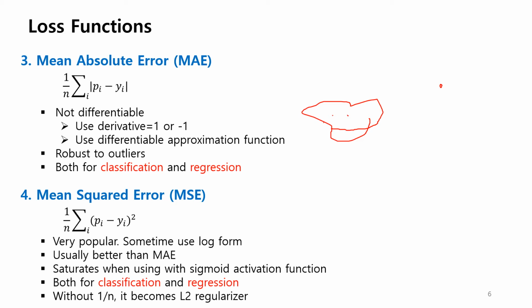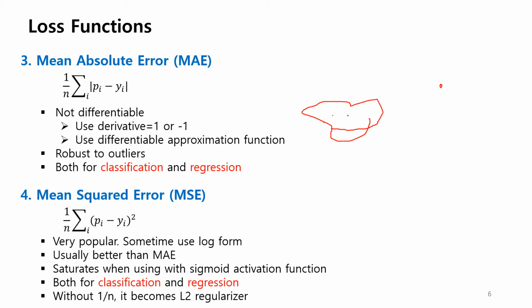I said this outlier is in most cases error or noise. The data itself is wrong, okay? So the error calculated for this data is a wrong error. Its error is not correct, okay? The error of this outlier actually gives a negative influence to the loss function, okay?